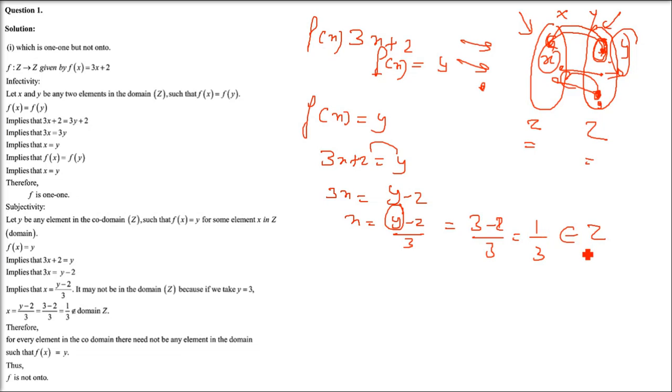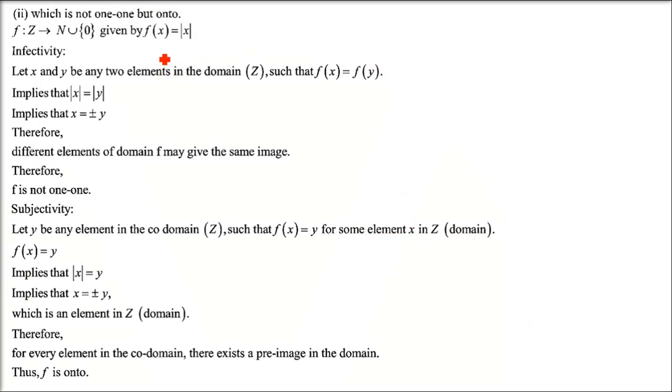Is it an integer? No, it's not an integer. For this particular mapping, this is invalid. So it's not onto. The value 1 by 3 is not in Z. There are elements remaining which don't have a pre-image.